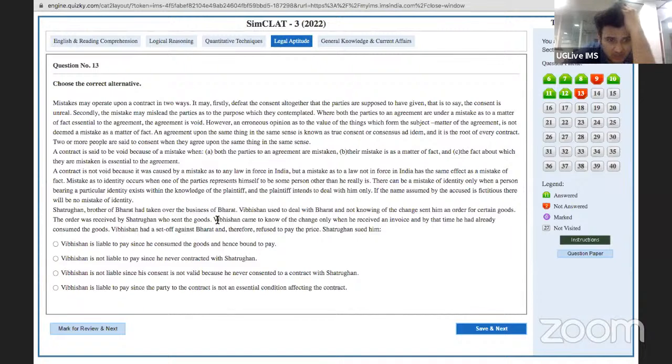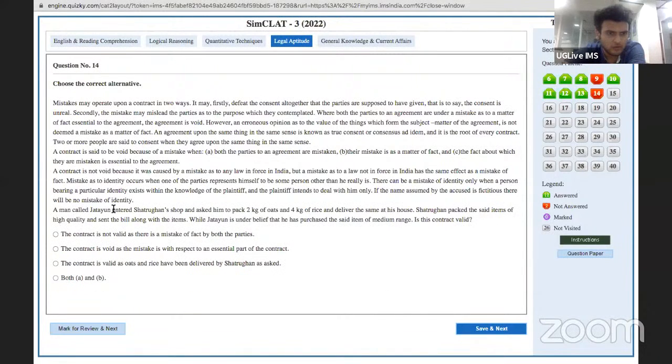So C consented not because he never consented to contract. Came to know this, he had already consumed the goods. Vibhishan had a set-off against Bharat and therefore refused to pay the price. It should be D.